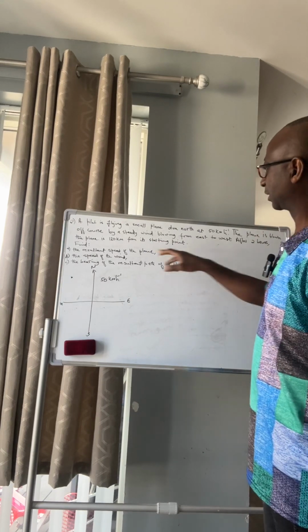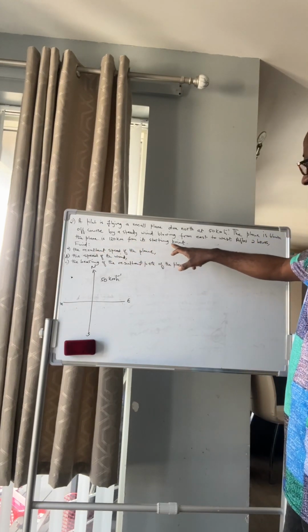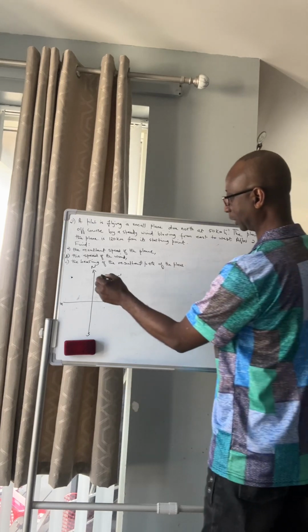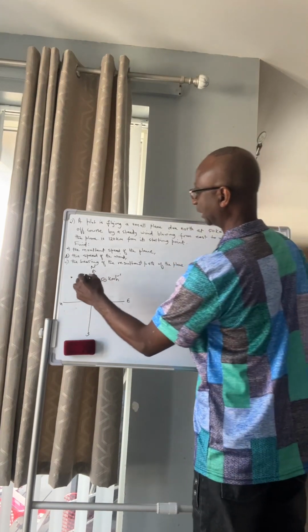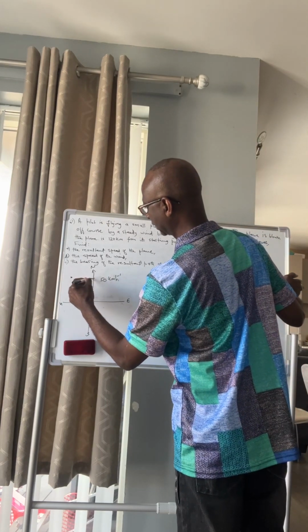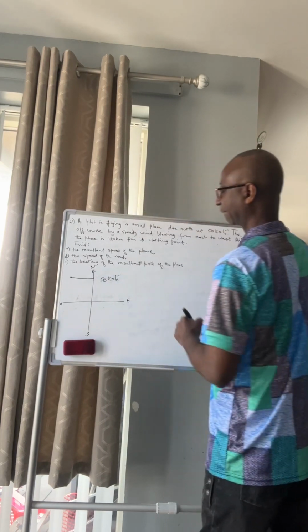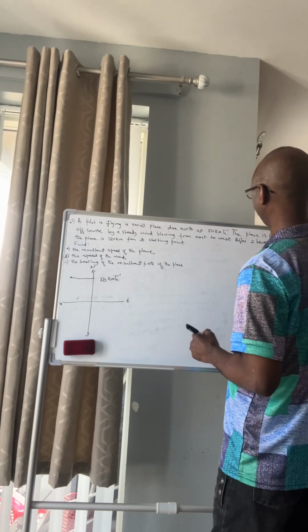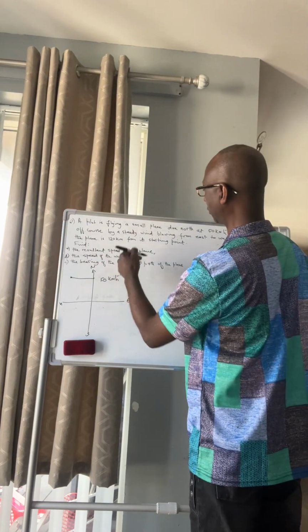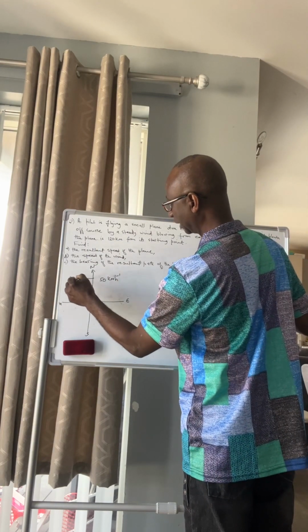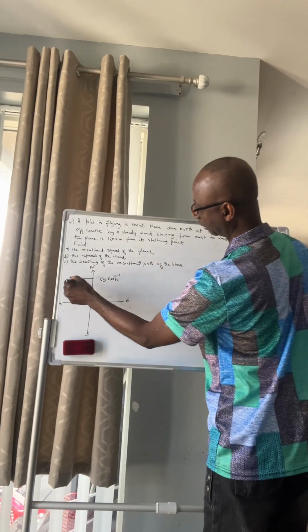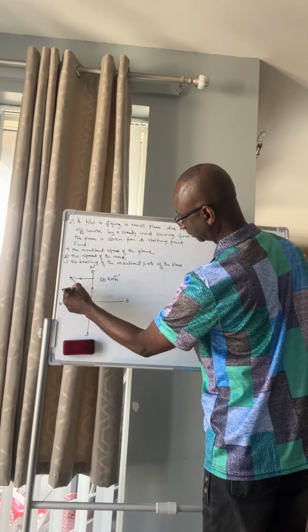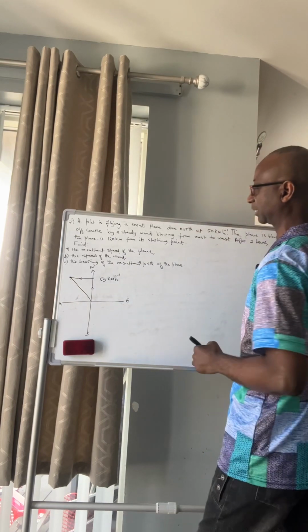After 2 hours, the plane is 120 kilometers from its starting point. So it was blown east. And after 2 hours, it's found out that it's 120 kilometers from its starting point. So this is our action here. We now have to join these points to get the resultant.